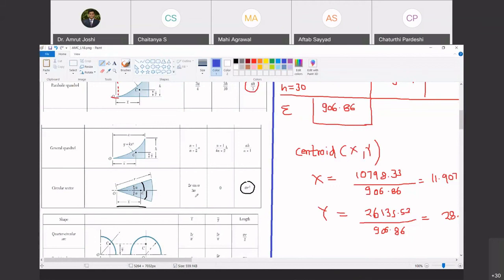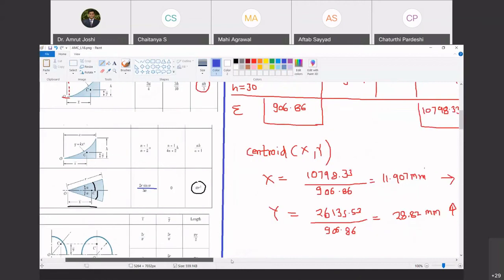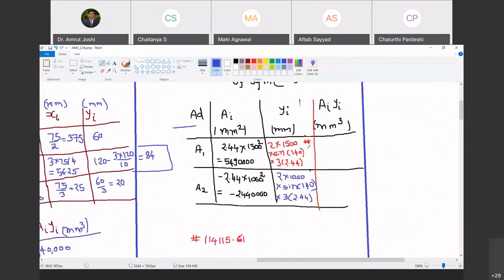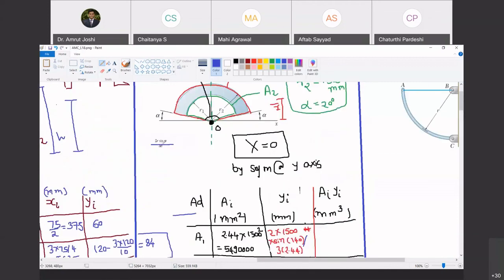That's what I thought. So यहाँ पे गड़बड़ है. This is 2r sine alpha upon 3 alpha. Are you with me? Yes, sir. So now you have to modify this. 2r sine alpha, this divided by 3 into 2.44. Now tell me how much is that? Sir, 263.44. Now it's correct. So you have to understand that it is 2r sin alpha upon 3 alpha.